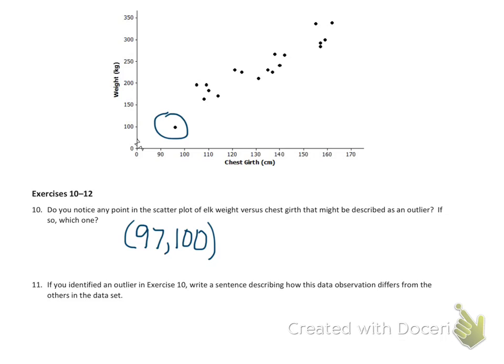So we're asked to describe those clusters in terms of chest girth. What they're asking you is, between what and what data points do these clusters appear? So somewhere in there, and then right here. Drawing the lines down just helps us to read the points. So the first one occurs from about 105, looks like about halfway between 100 and 110, so from 105 to 115.